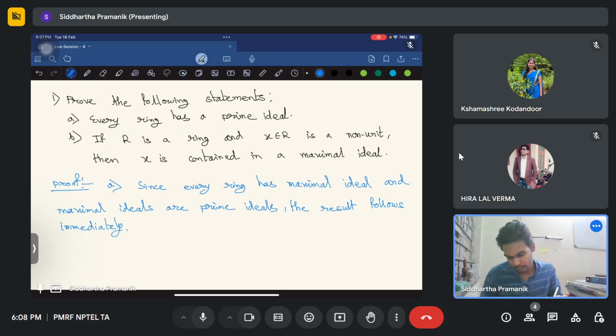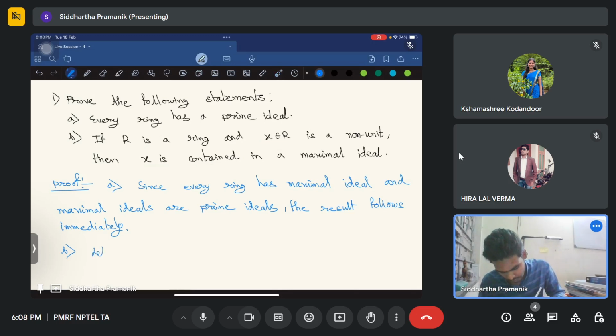Okay, now part B. Part B says if you take a ring R and take a non-unit, meaning an element which is not invertible, then that element must be contained in a maximal ideal. Okay, so let's try to prove this.